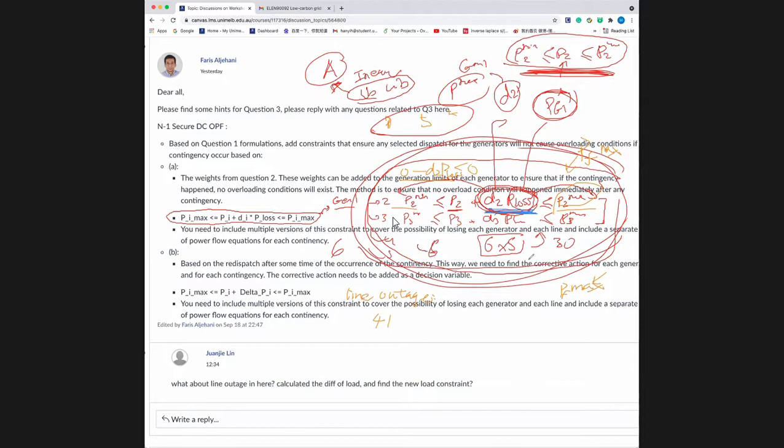Okay. So let me rephrase everything again. In question 3A, we need to first of all try the generator outages, and in this case we put a new constraint, and then we solve every one of them, compare the new constraints and choose the maximum Pmax in the solver.